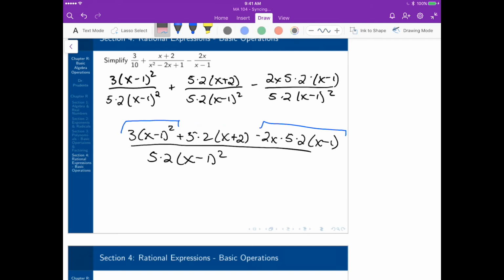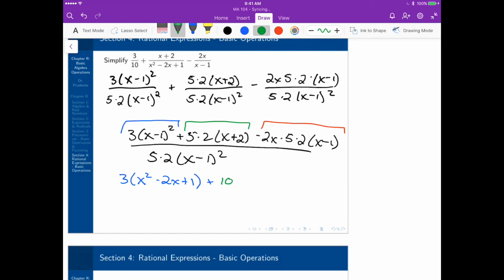And what might actually be better is if we work with more colors, so we can see how things will simplify. So I want to FOIL this x minus 1 squared. I'll get x squared minus 2x plus 1.